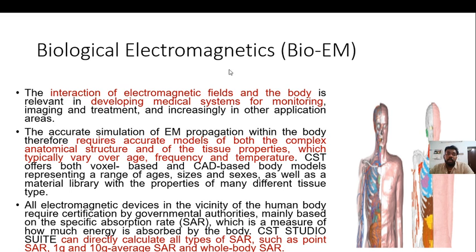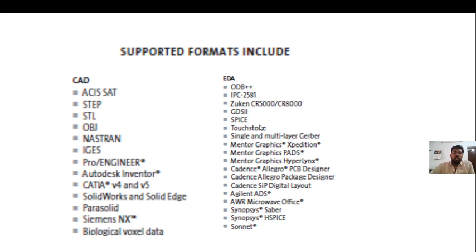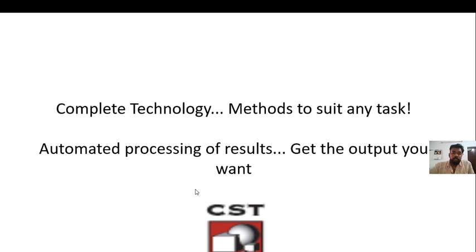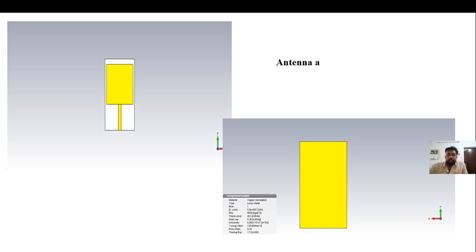The BioEM, biological electromagnetics, and these are some of the supported formats. A complete technology and methods to suit any task, automated processing, get the output that you want. In a single click you can achieve the result that you want.